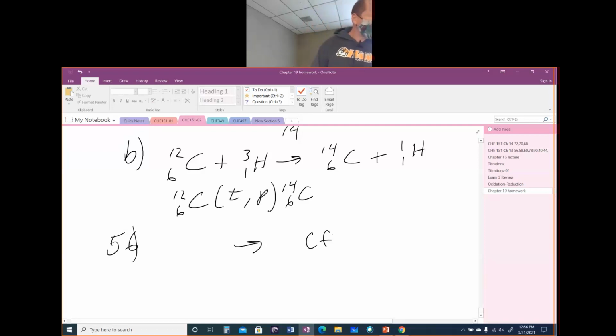You go to the periodic table, look for a molar mass of 245, and you see a 251, that is Cf, and the chances of that being californium are 100%. So we have a 245, and then californium is number 98.